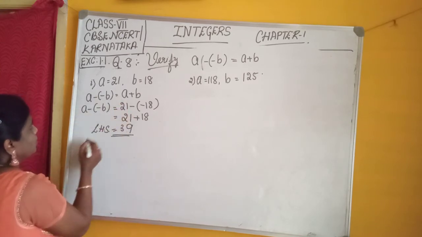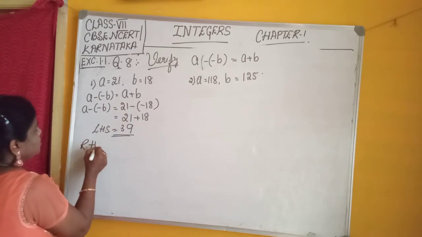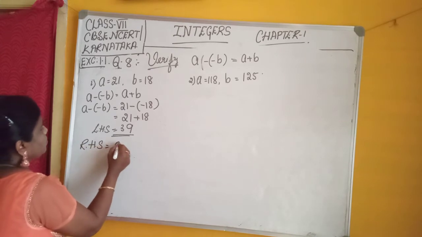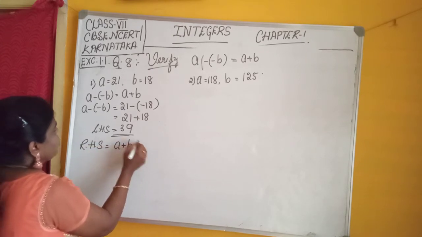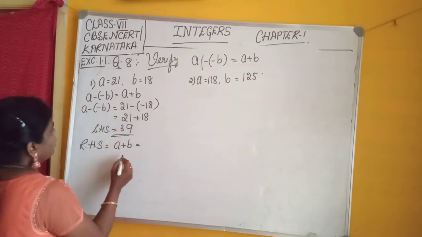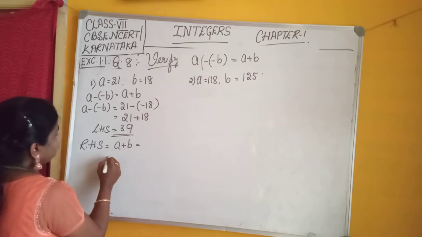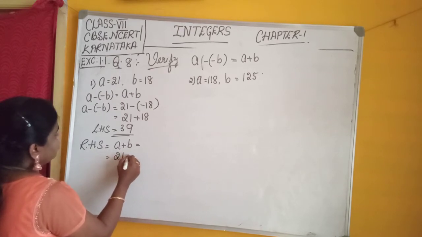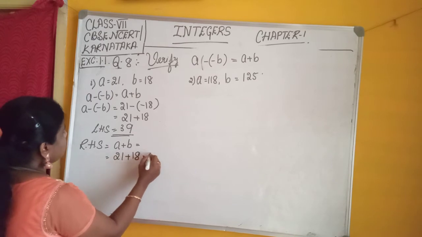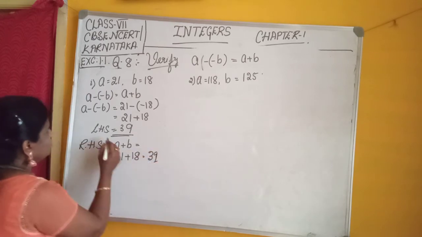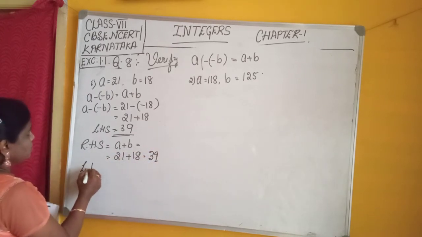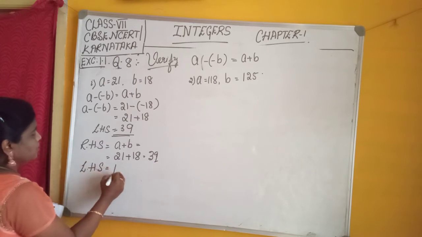Let us check RHS. RHS is equal to A plus B. If we add 21 and 18, here we got 39. From this we verified LHS is equal to RHS.